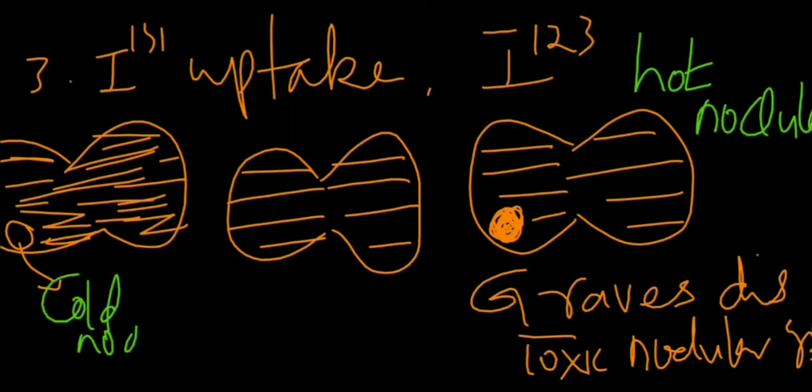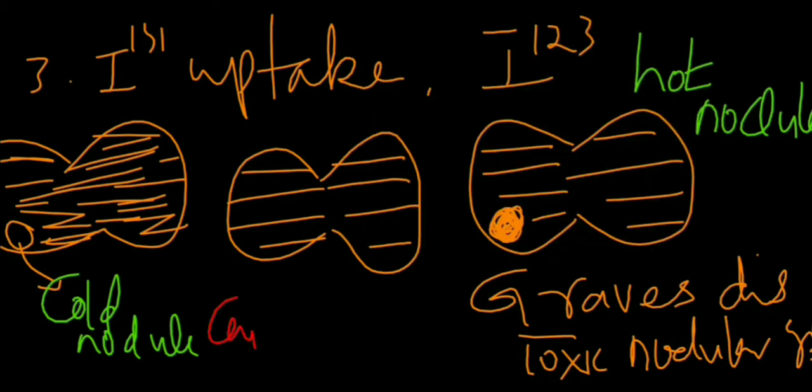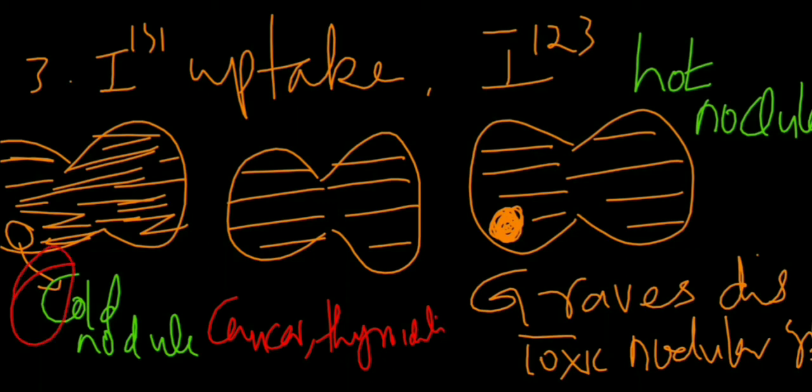Cold nodule is observed in case of cancer, or we say malignancy, and thyroiditis in case of inflammation. So when you get a cold nodule, you should be very alert, because you can suspect a malignancy.